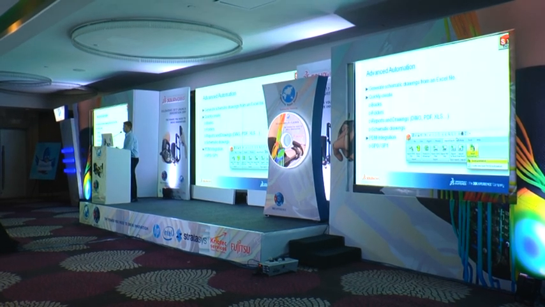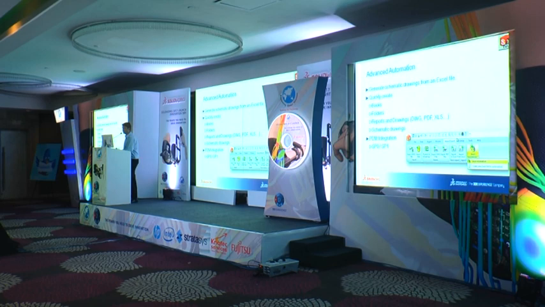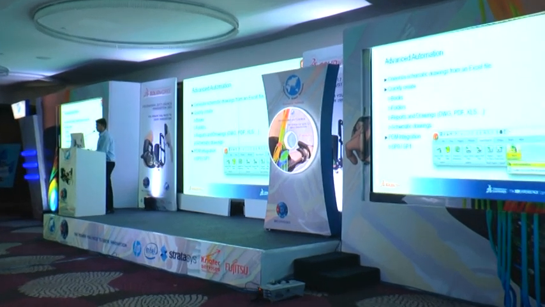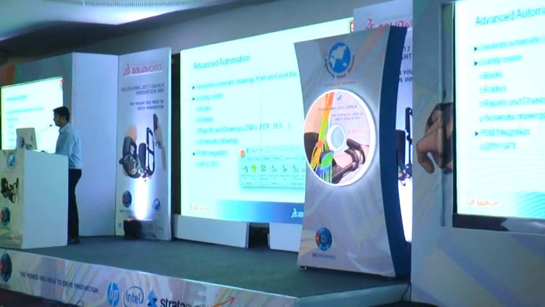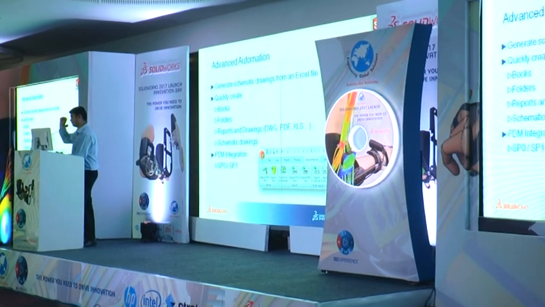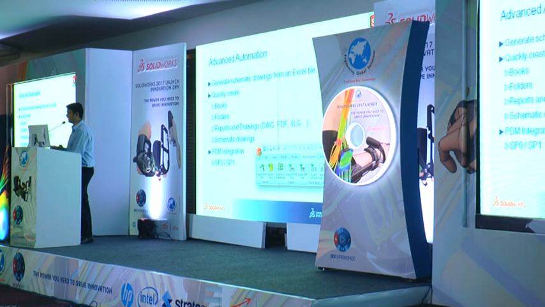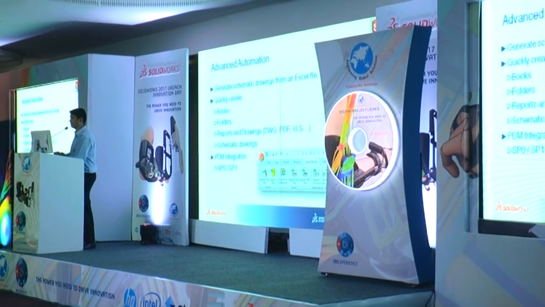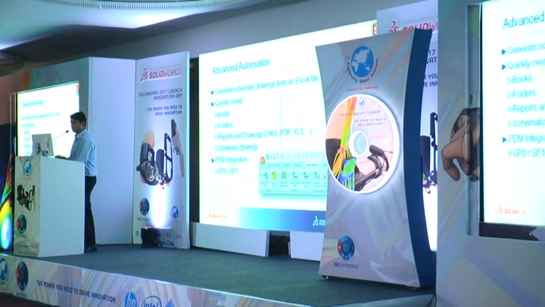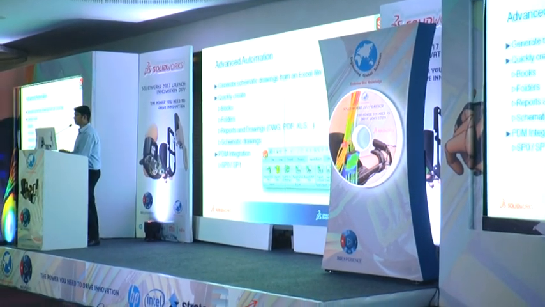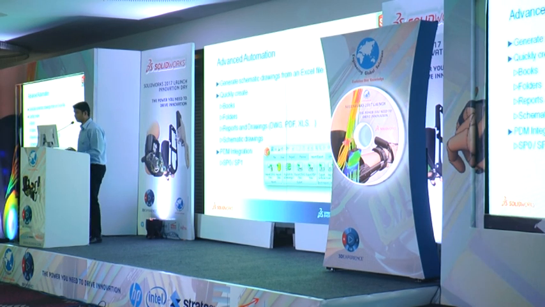Advanced automation. This is the main enhancement in SolidWorks Electrical 2017, where you can generate the schematic diagram using an Excel file. For this, you need an Excel file and some basic macros. The macros are a set of libraries with predefined symbols. You also need some templates, that is the title block.